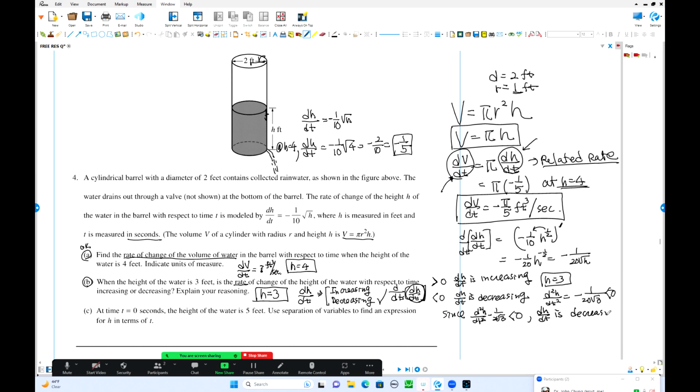Compare this: if f prime of x is less than 0, f of x is decreasing. Same thing, right? The derivative is less than 0, so the function is decreasing. The second derivative is the derivative of the first derivative. That is less than 0, so the first derivative is still decreasing.